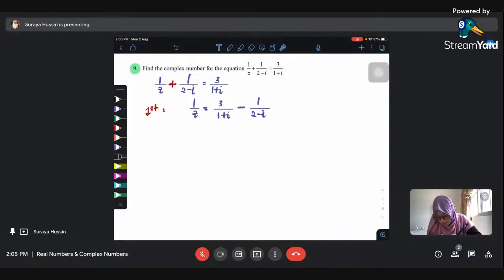Okay, and then dekat sini saya tahu some of you might jadikan both of this menjadi, some of you dia buat begini tau, dia darab, and it means we equate the denominator.